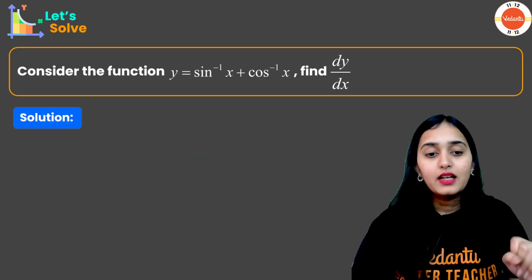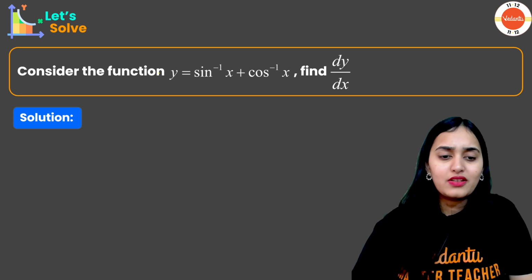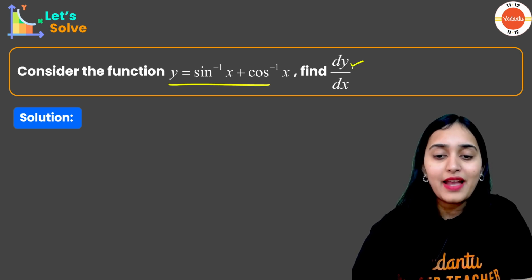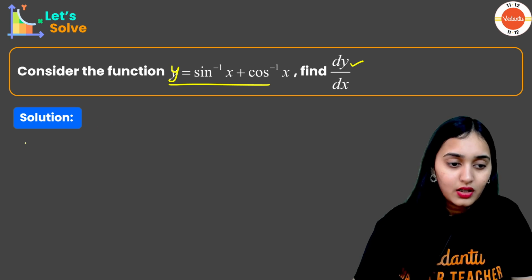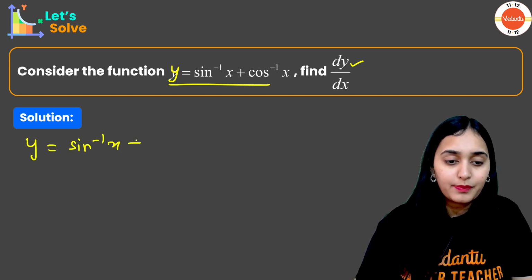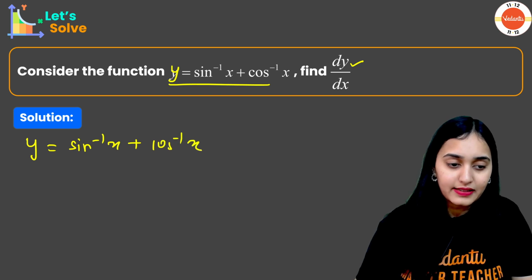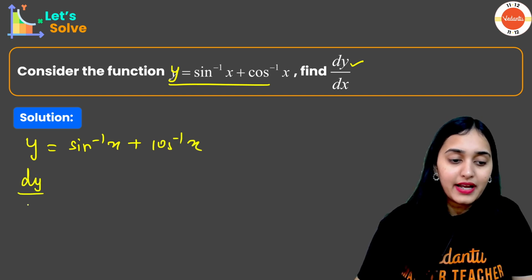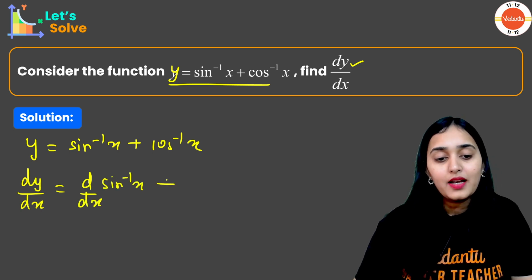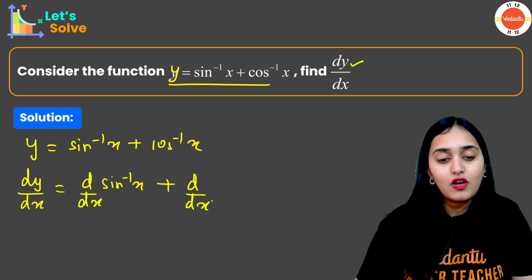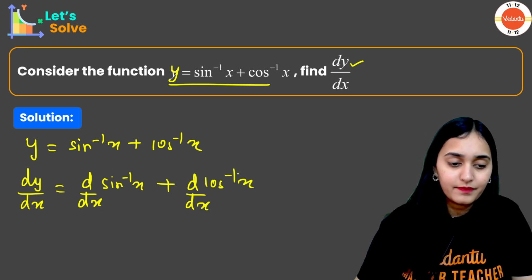Okay. Now, let's do one simple question. Consider this function, find dy by dx. Now, y is given. So, y is equal to sine inverse x plus cos inverse x. So, dy by dx is d by dx of sine inverse x plus d by dx of cos inverse x.